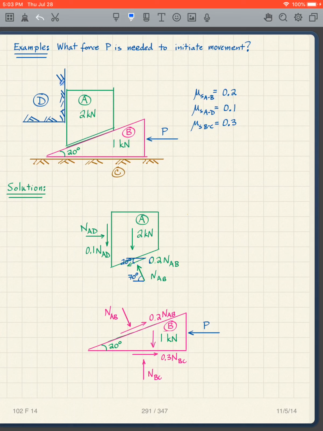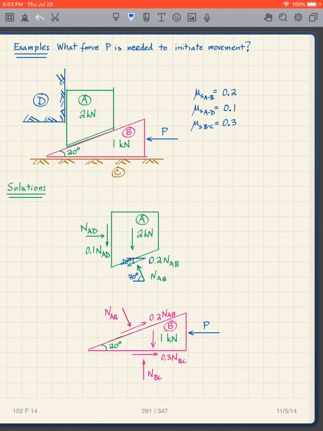When I'm looking at this free body diagram here, what do I have? I've made a cut through a frictional surface here, so I have a normal and a parallel. I made a cut through that frictional surface, I have a normal and a parallel. So I don't know what those are, except that I know that they are related, because I know I have to overcome the friction.